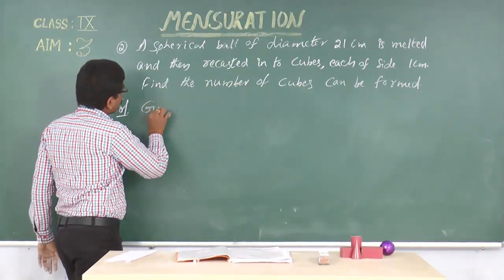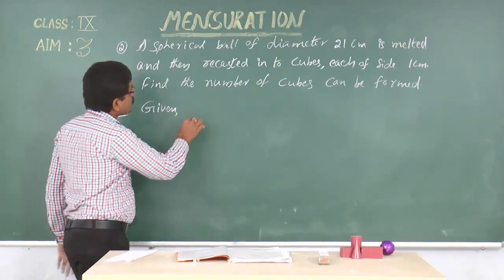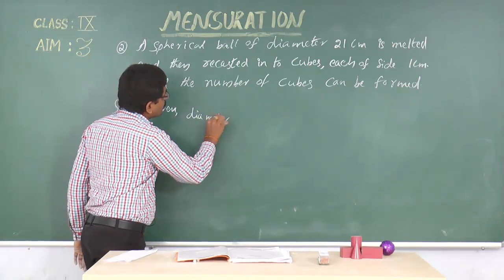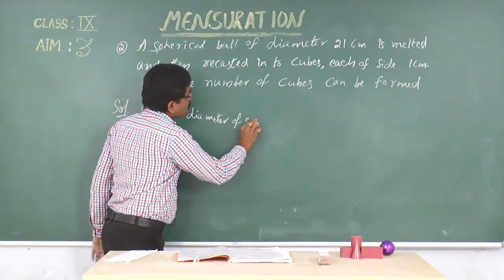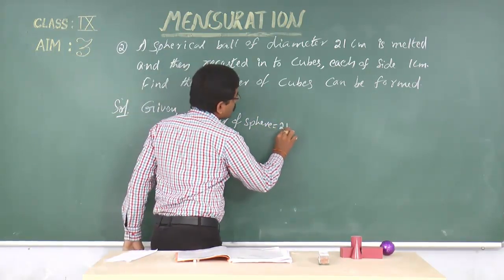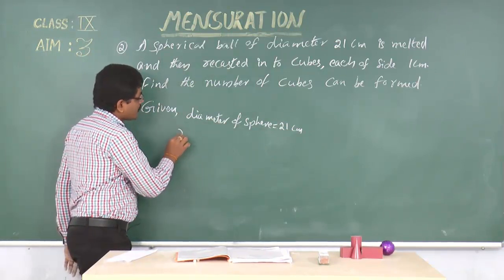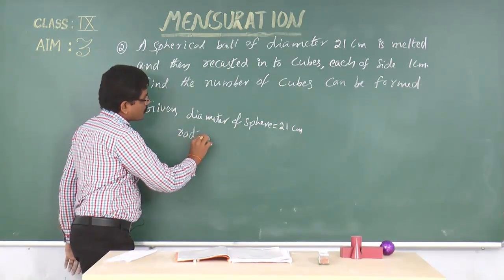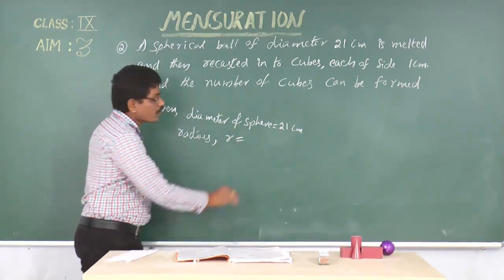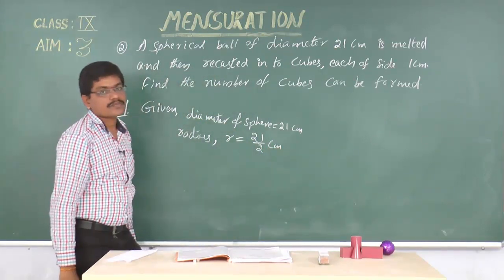So given, diameter of sphere is equal to 21 centimeters. Then radius R is equal to 21 by 2 centimeters.